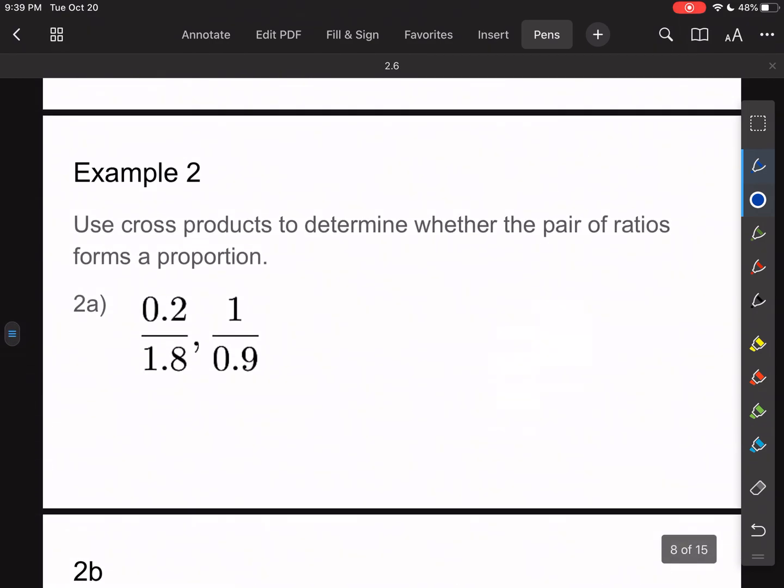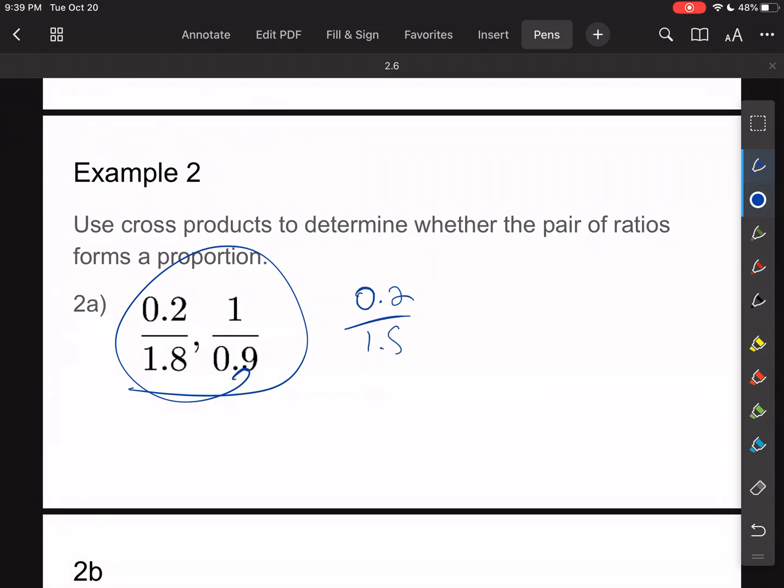So here we go. Let's look at example 2. It says use the cross products to determine whether these pairs of ratios form a proportion. So are these proportional? What I do is I take 0.2 over 1.8 and set it equal to 1 over 0.9. This one was a little tricky.